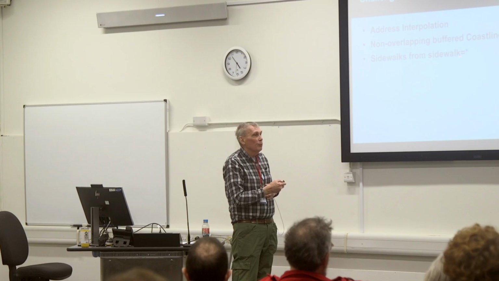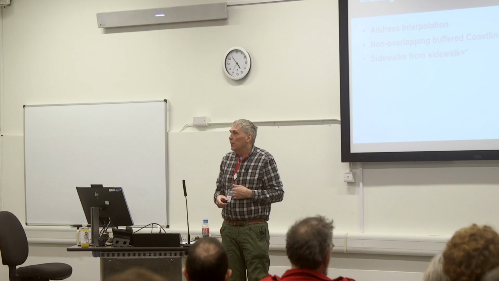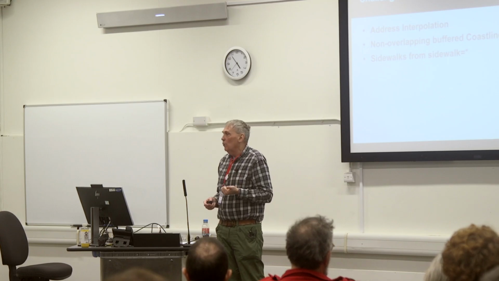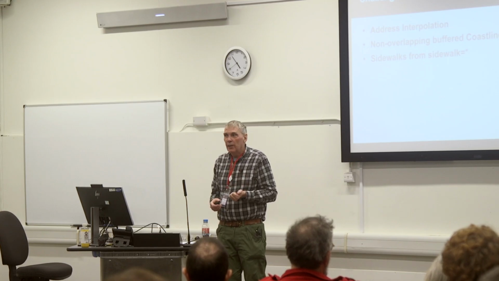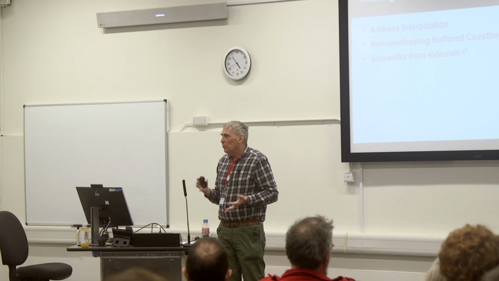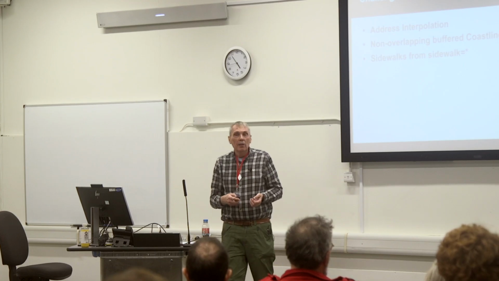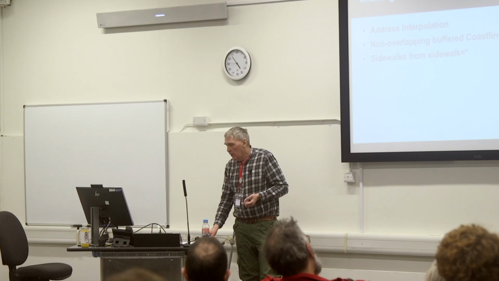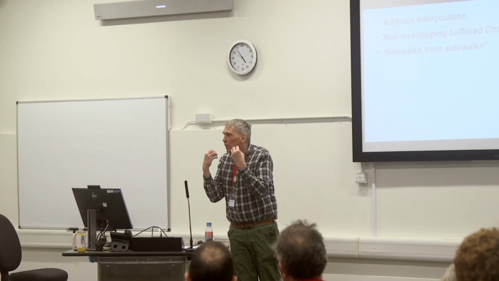And I put sidewalks from the sidewalk star tag, but actually we heard Dustin Carlino tell us how to do that yesterday. So I hope that gives a flavour for some ways to approach finding data which is in OSM, but not explicitly there. Thank you very much.